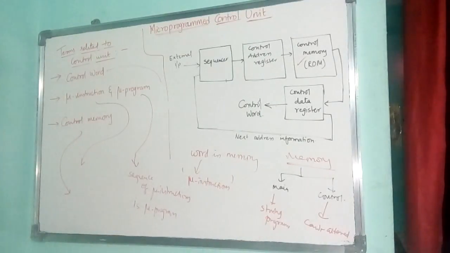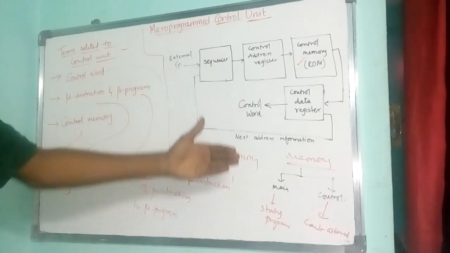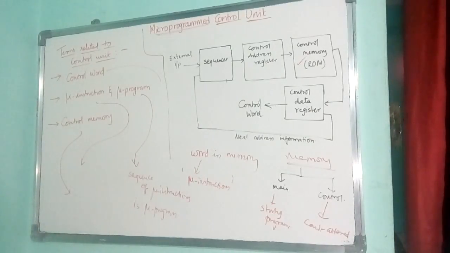Okay. Next comes about these microprogram instructions. So I already mentioned this microprogram is the sequence of micro instructions, which specify the various control signals for execution of the different micro operations.